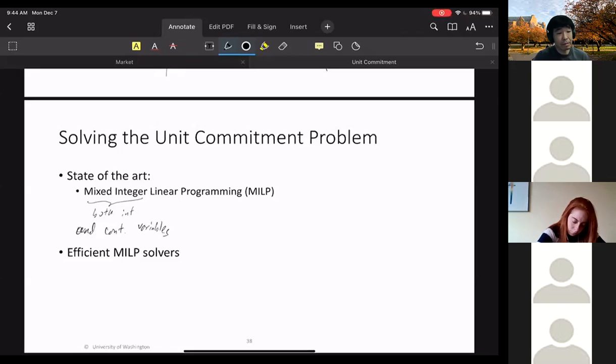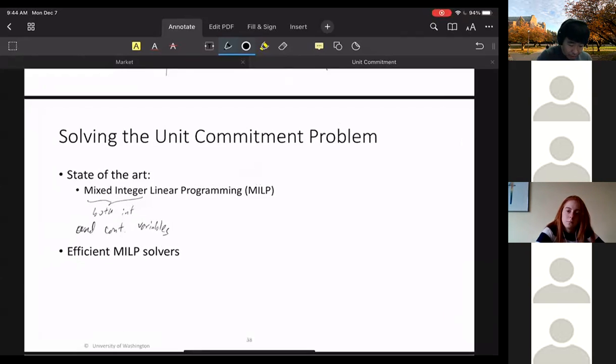So when we solve unit commitment, we have both the on-off status of the generators and how much power each generator is generating if they're on. So we're looking for both the integer variable solutions and the continuous variable solutions. So this is a mixed integer, meaning both are there. Linear programming, this is just a name for essentially economic dispatch.